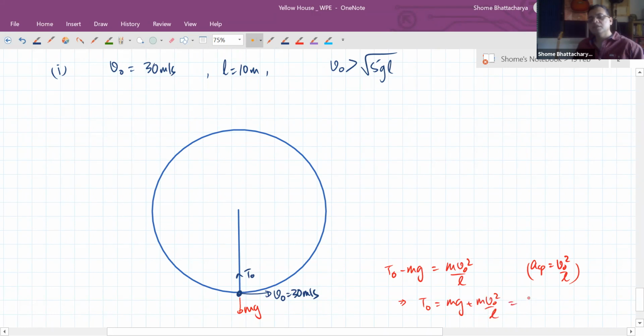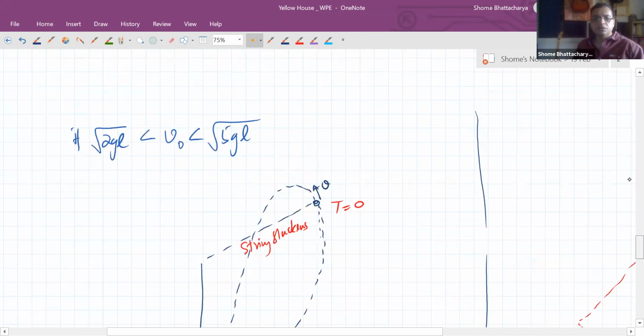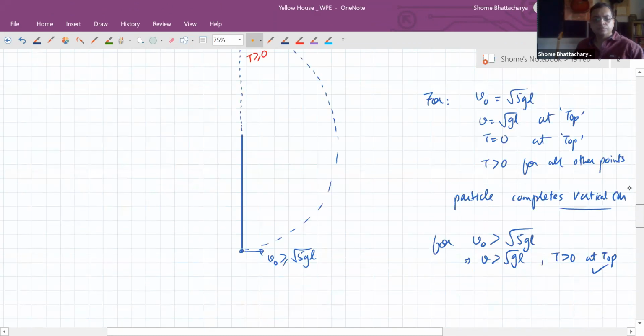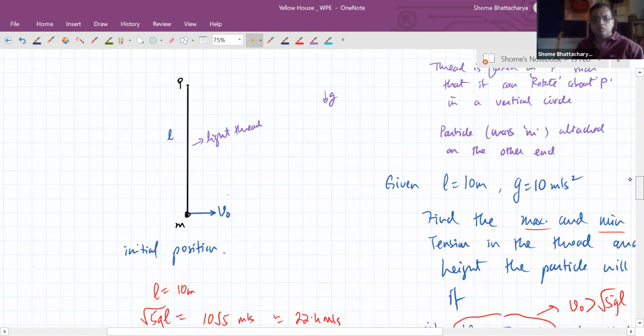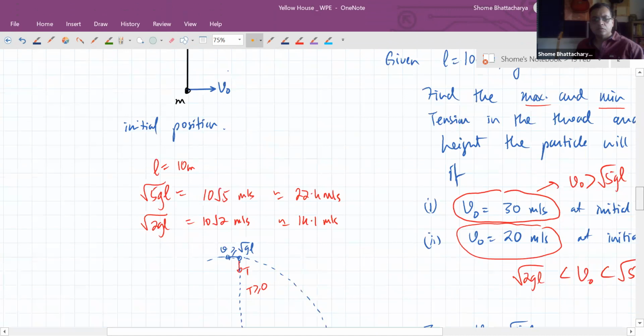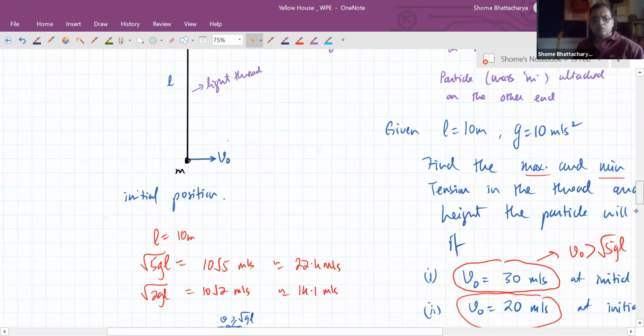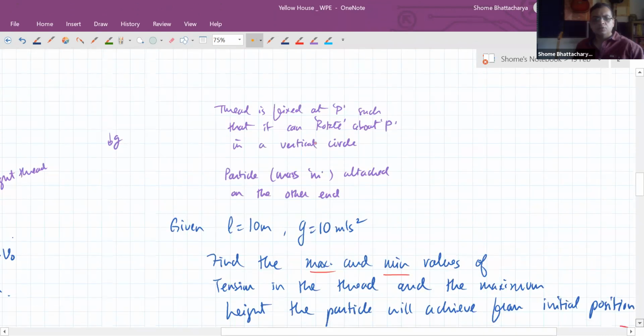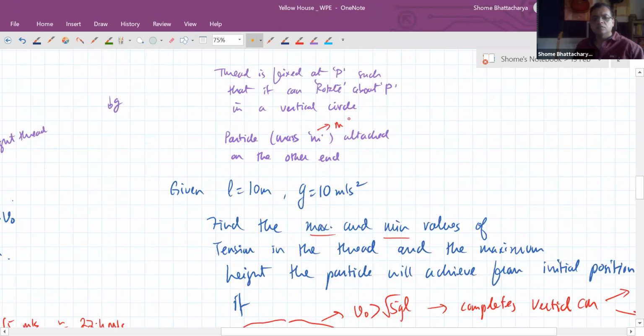So if we calculate that, the mass of the particle was not given. Let's take some value of mass.